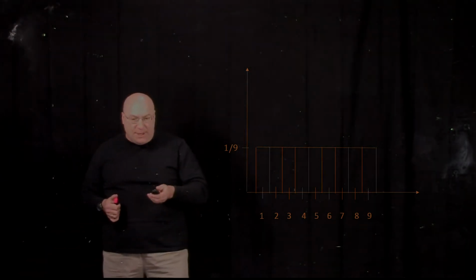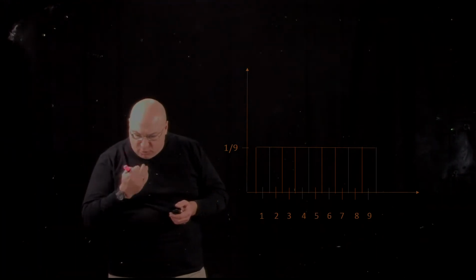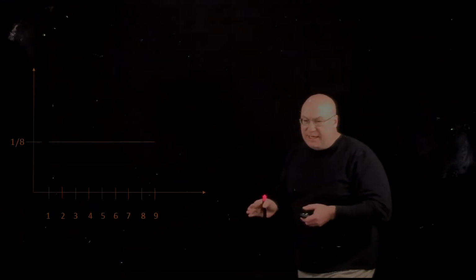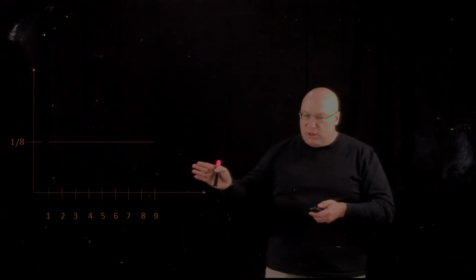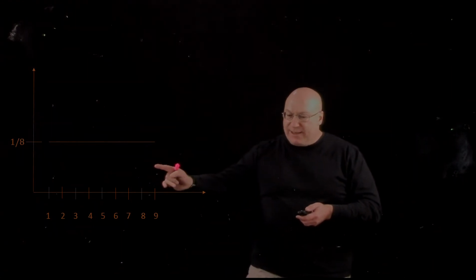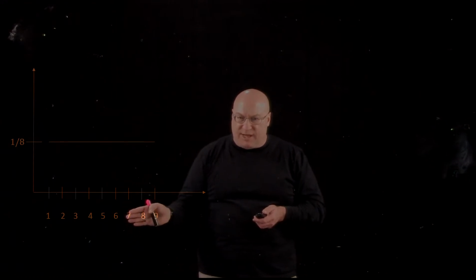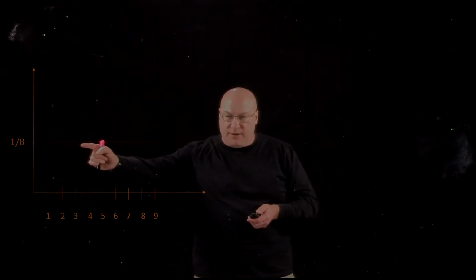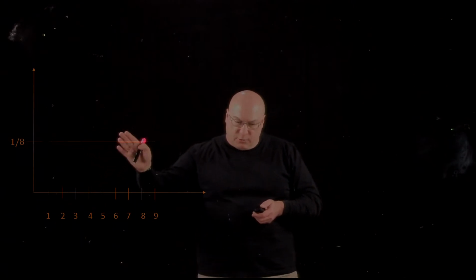I make a little comment here before we go on. If I go back, we have here the PDF, the probability density function for x, which tells me not the probability for a value of x, correct? Because the probability for a value of x is 0. But this is a curve up here, a straight line, a flat curve. It gives me the ability to compute probabilities related to x.